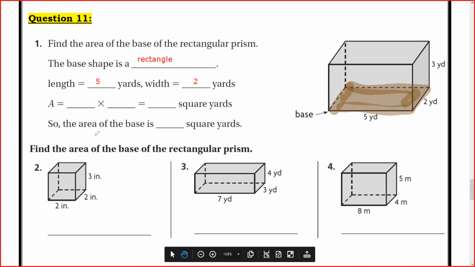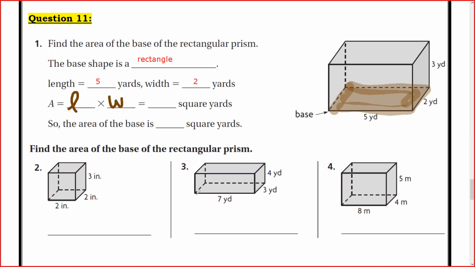Who can remember the area of the rectangle? The formula of the area of the rectangle is length times the width, which means 5 times 2, which is 10. So what's the area of the base? It's 10 square yards. That's it?